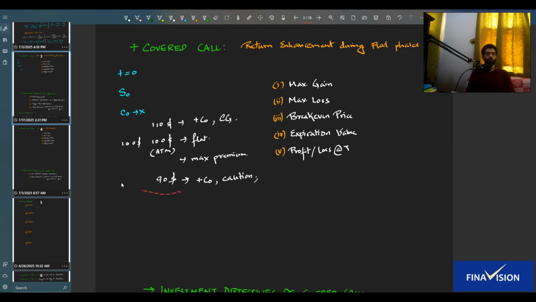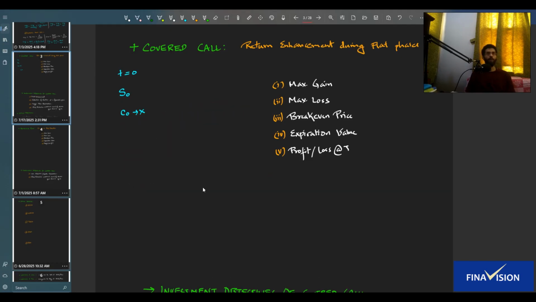Now, let me remove the rough work and move into our previous example. We have our strike price at X. The underlying stock is S0 at T = 0, and the premium earned is +C0. For the stock, the payment is S0 at T = 0. So the cash flow is minus S0 for the underlying and plus C0 for selling the call. Now the option expires at T = capital T, and the stock price is S_T.